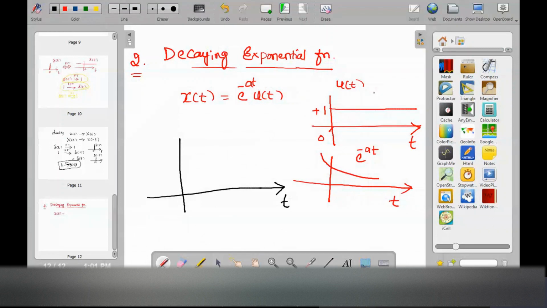If I multiply these two, since u of t is 1 on the positive side, I get the same term like this. On the negative side I get 0, because u of t is 0 there. I get a signal like this, this value is +1, and this is 0. This signal is x of t. This type of signal is called a decaying exponential function.